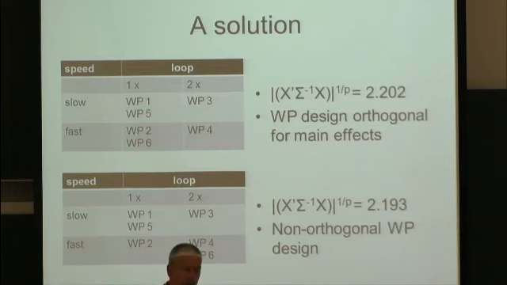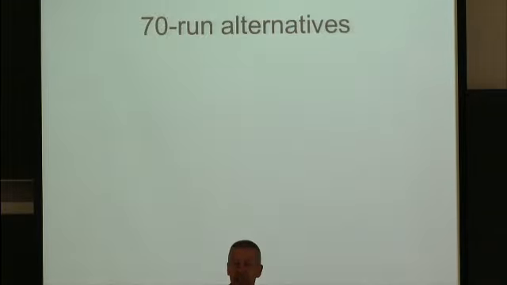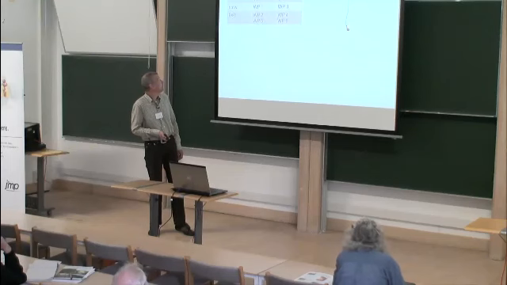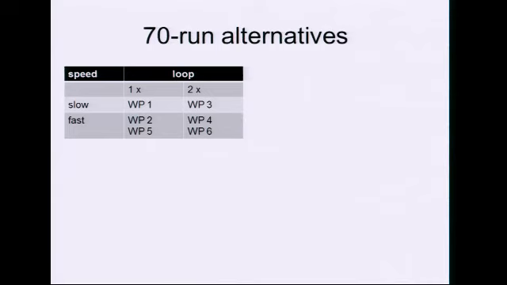So to look into that more closely, we decided to make some design alternatives, and one of the alternatives is a set of 70 run designs. The first one has 2 slow runs and 4 fast runs. That's the only option if you want to obtain a 70 run design.